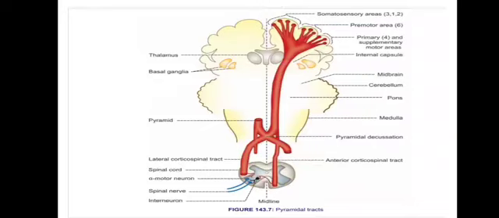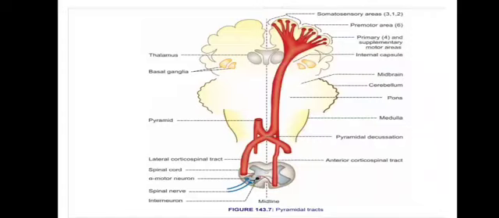Once again, from the Betz cells, the corona radiata will form. It will descend down through the internal capsule, then midbrain, pons and medulla, and there it forms crossed fibers and uncrossed fibers. Crossed fibers will form the lateral corticospinal tract, and the uncrossed fibers will form the anterior corticospinal tract. The lateral corticospinal tract will synapse to the alpha motor neuron and beta motor neuron in the spinal cord.